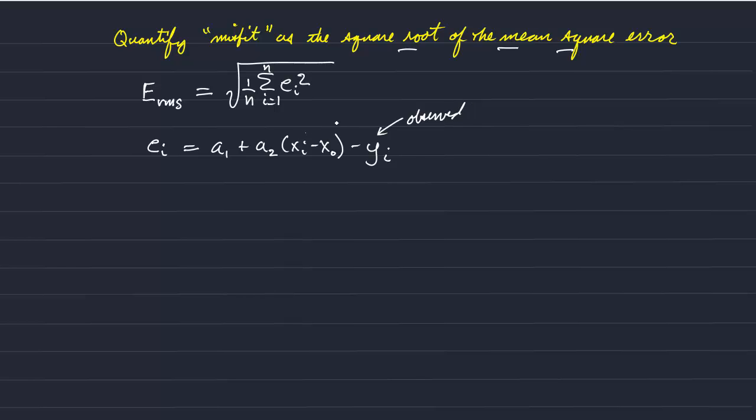Remember, xi and yi are observed values. So this is the ith error of our equation. And we can write this equation as a vector equation.